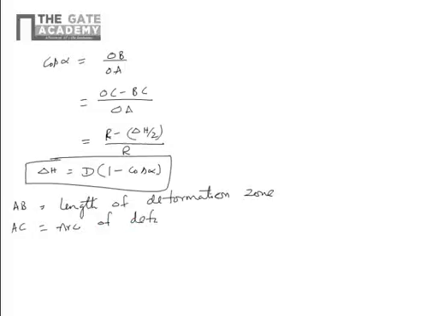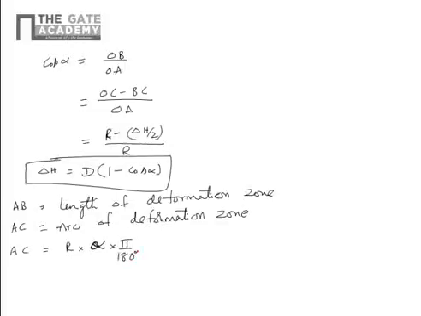Sometimes they have asked in GATE in a 2 marks problem the arc of the deformation zone. So you have to find the length of the contact arc, L equal to R theta. So that's why AC equal to R into theta. Theta is nothing but alpha, the angle of bite in radians, pi by 180 degrees.